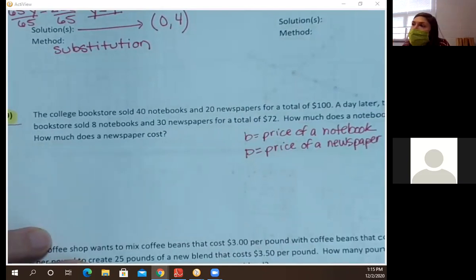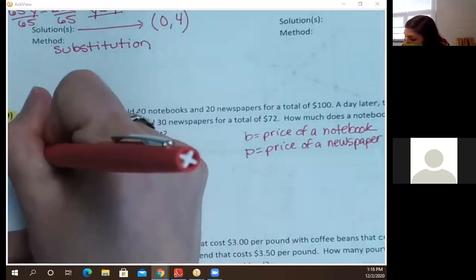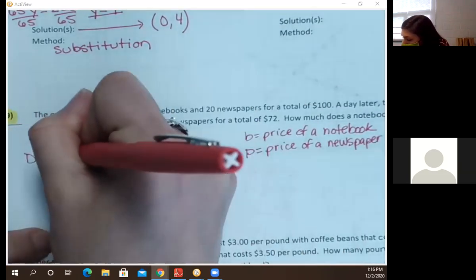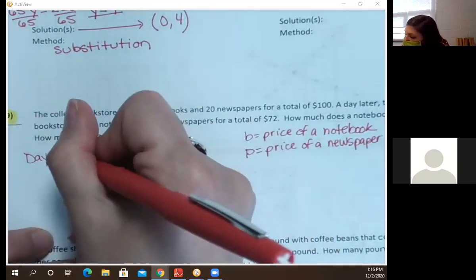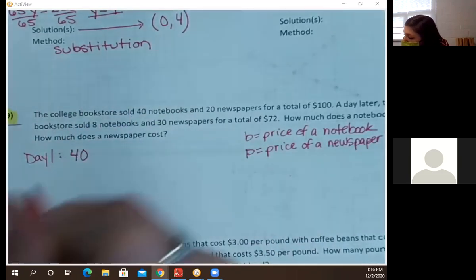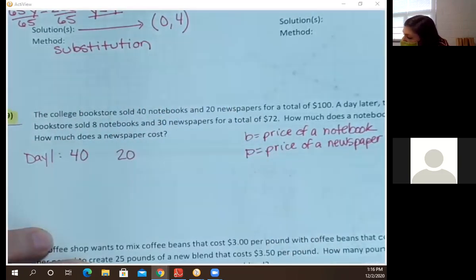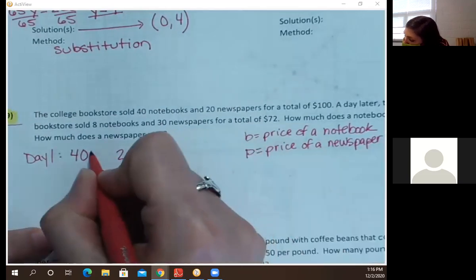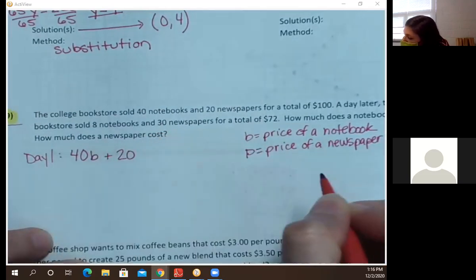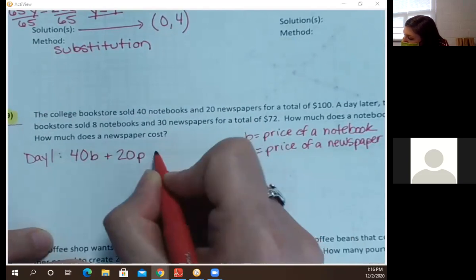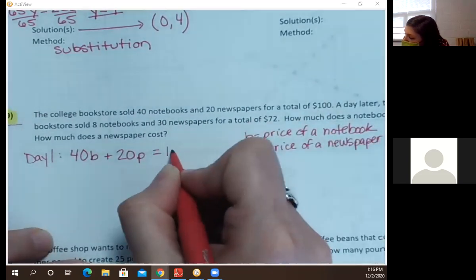And so I have information on how many of each of these things they sold and how much they made for 2 different days. So for day 1, I know that they sold 40 notebooks and 20 newspapers. So 40B plus 20P would give me $100.